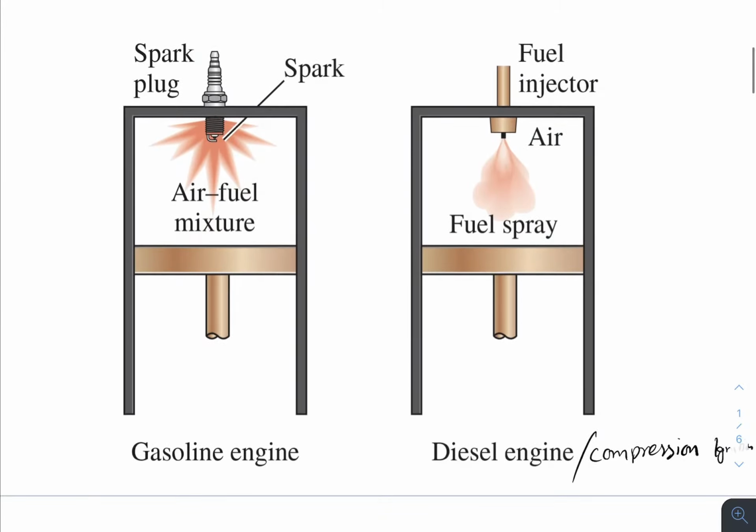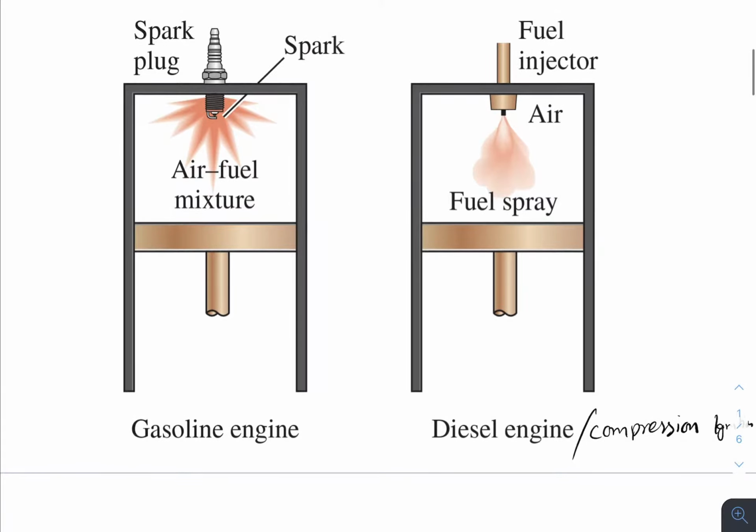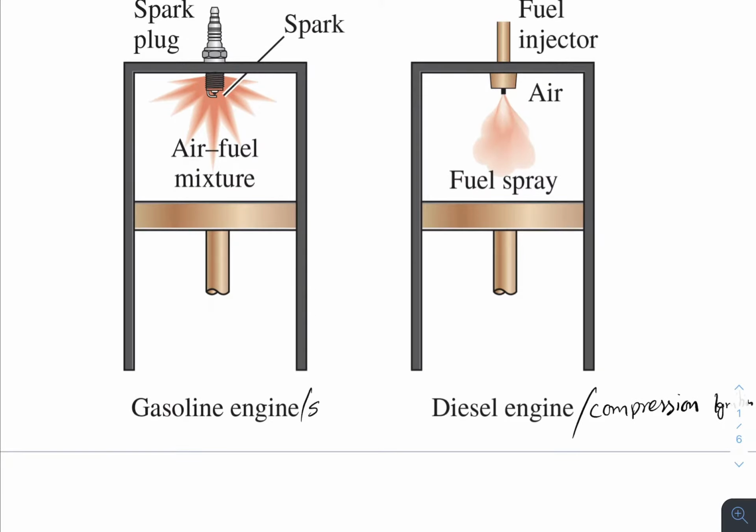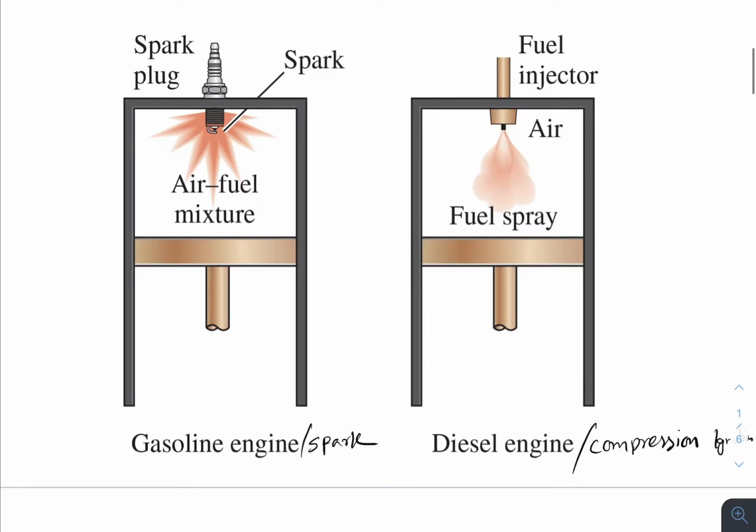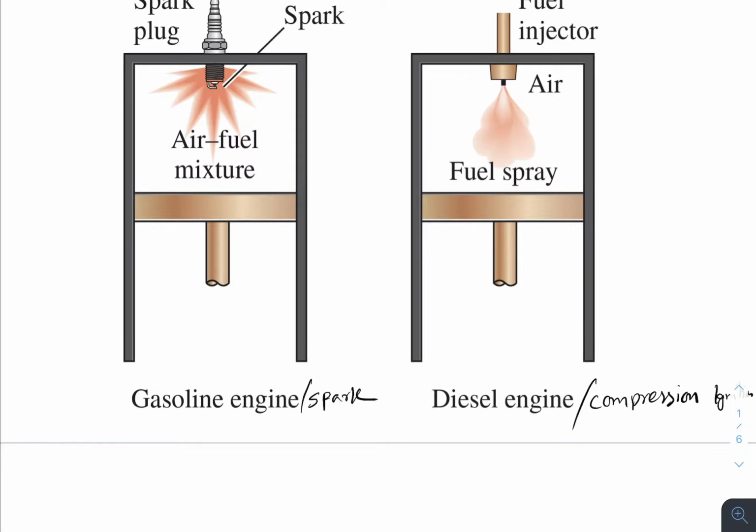Compression ignition, right? So now we know the difference between compression ignition and spark ignition. So this is spark ignition, and the diesel engine is basically compression ignition. So we know the difference.